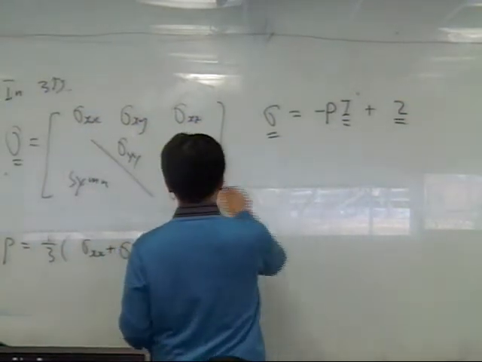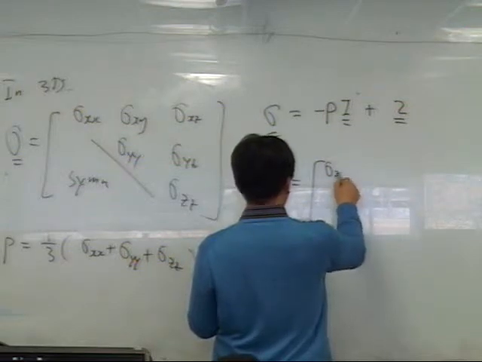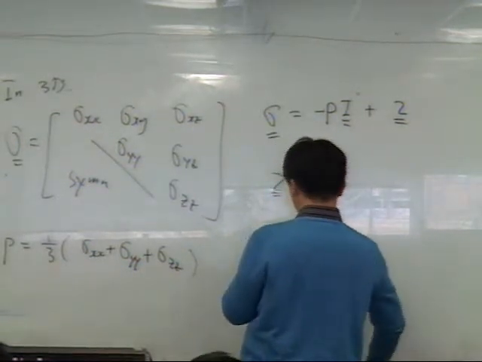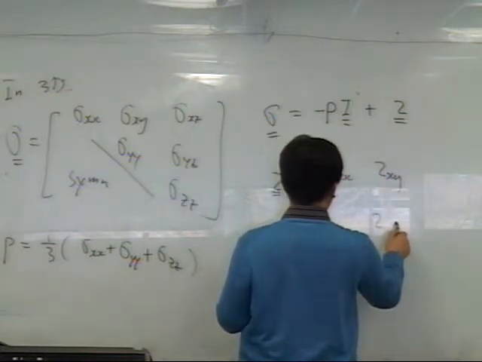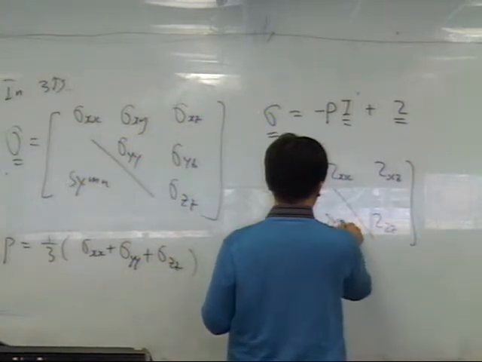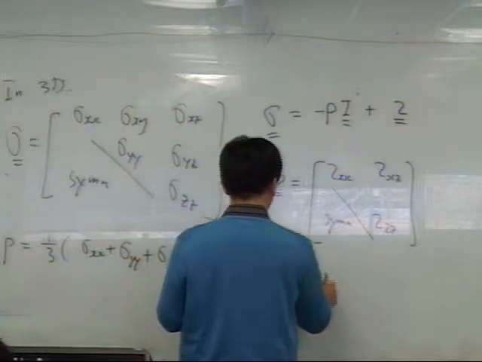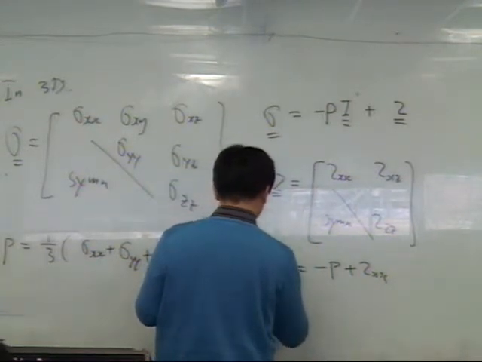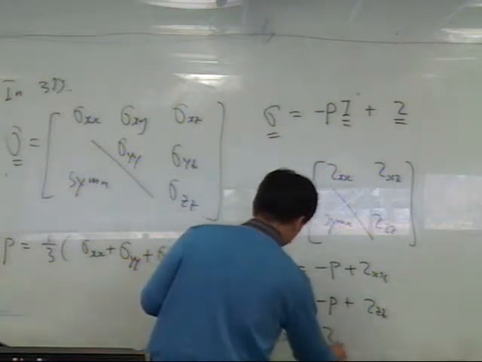So here in this case tau is going to be tau xx, tau xy, tau xz, and so on, tau yy, tau zz. And sigma xx is minus p plus tau xx, sigma zz is minus p plus tau zz, and sigma xz is equal to tau xz.